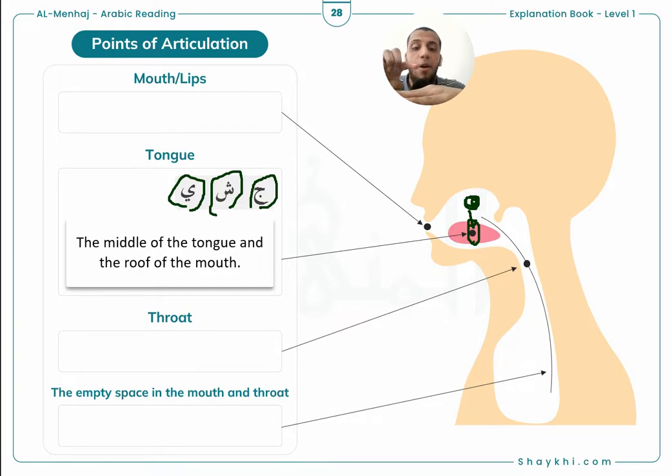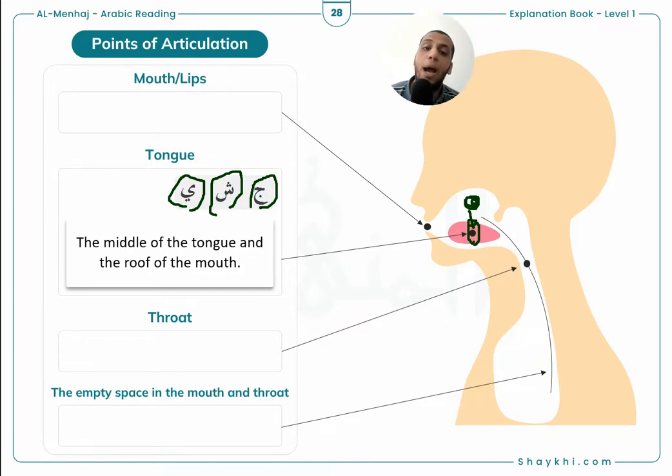I mean here the middle part of the tongue will meet the roof of the mouth completely.